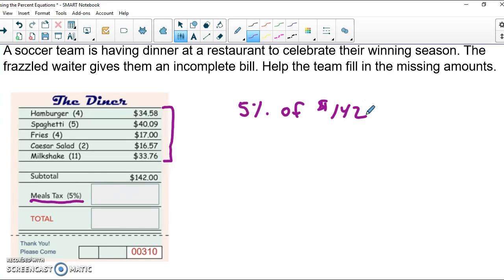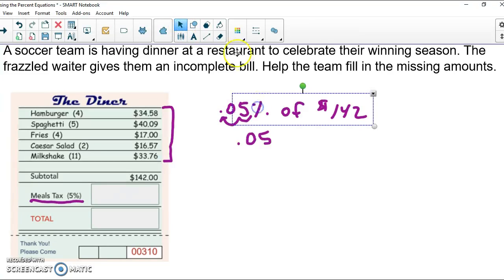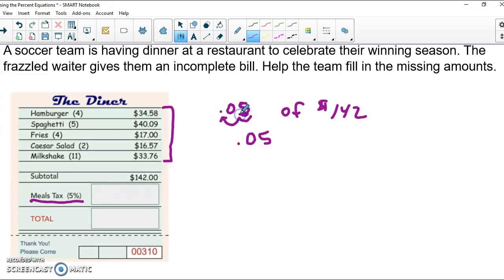So to do that, I am going to change my percent to a decimal, and I do that by moving my decimal point 2 spots. And so I'll fill in with a 0. And of means times, so now I will multiply 0.05 times 142, and that's going to give me my sales tax.